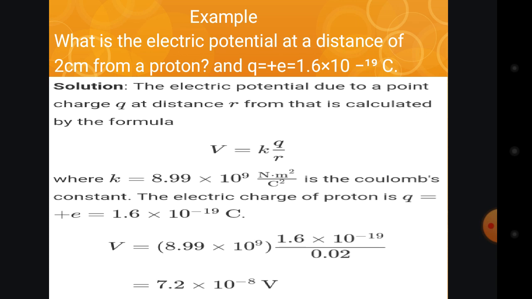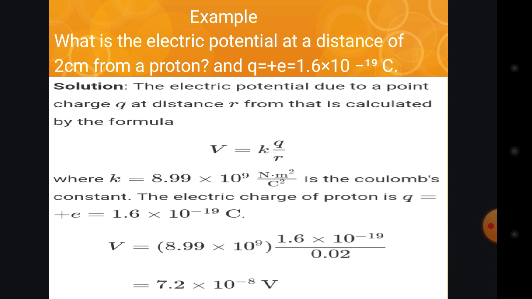The question says we have to find the electric potential, and we just finished explaining the formula for calculating it. V stands for the electric potential, and it is equal to K Q all over R, where K is a constant of proportionality.